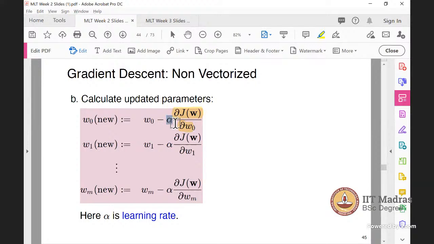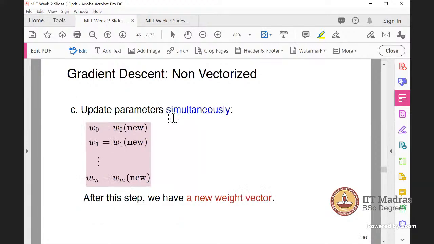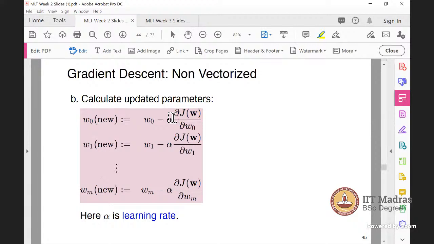We want to take a small step. The size of that step is controlled by this variable, alpha. This is what we do for each and every parameter weight. Whatever the previous version was, we take a small step in the negative direction by subtracting this quantity from the W0 in the previous iteration. And similarly for all Ws.